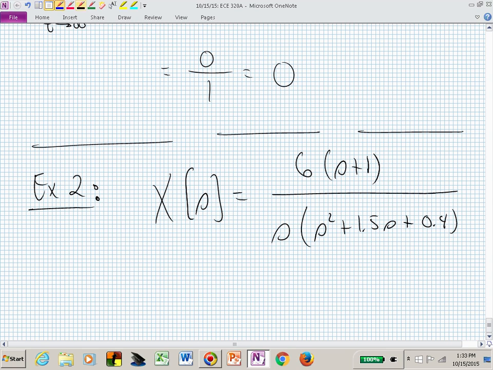We need to be worrying about the poles of s, capital X of S, right? This will cancel, and we know that this is positive and that's positive. That's what we need to conclude that the poles of s, capital X of S, are in the left half plane.